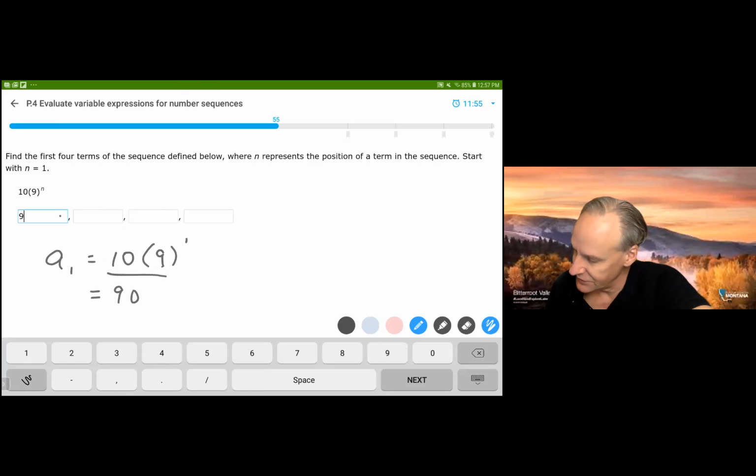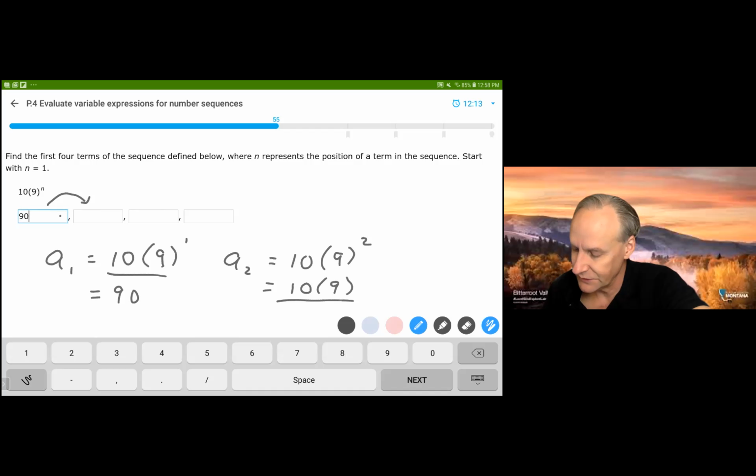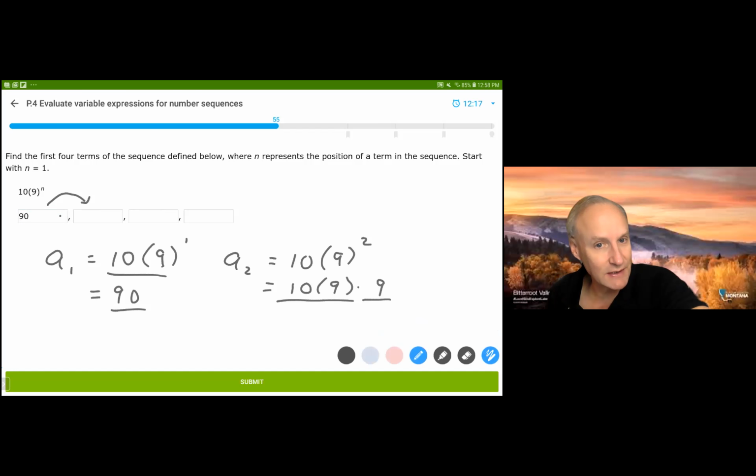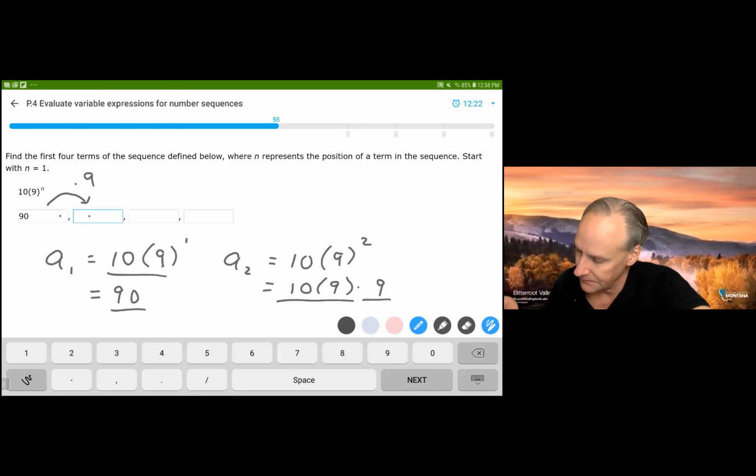And each time we move, we're going to be multiplying by another 9. Here's how you can think of it: A to the 2 is 10 times 9 to the second power. But that means 10 times 9, which was our original number right there, times an extra 9, isn't it? See that extra 9? Well, when I multiply by that 9, I get 810.